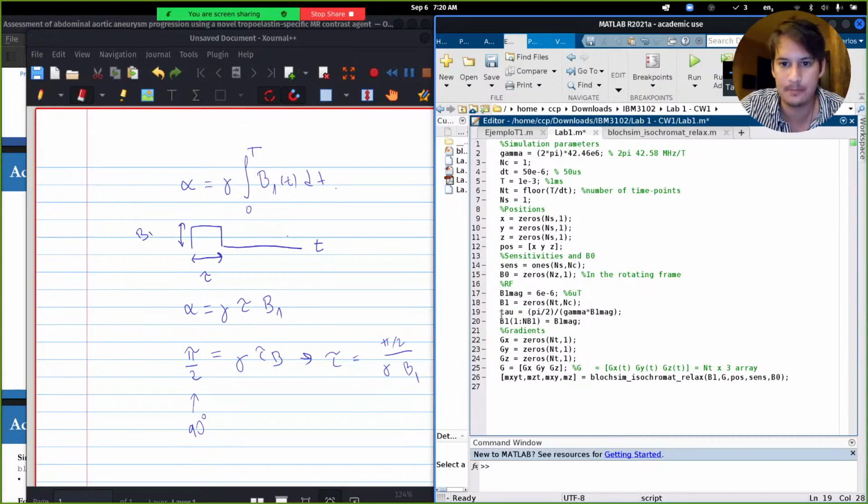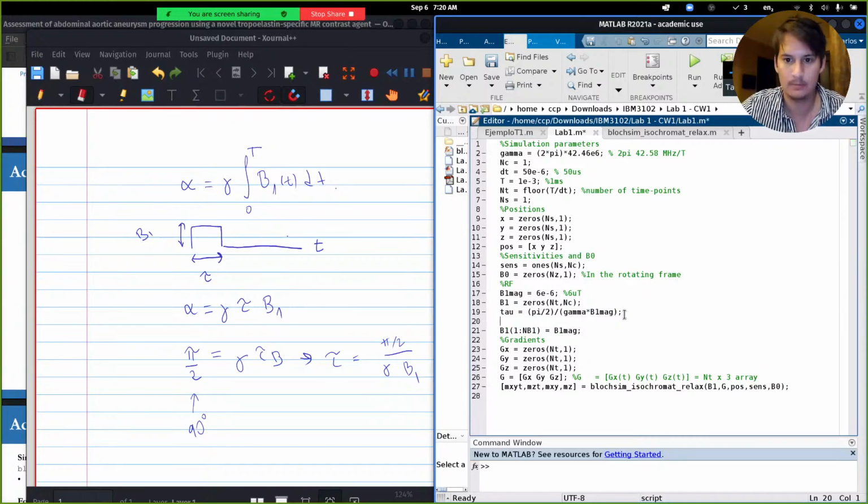Okay, so if we need to apply this for tau, this number of samples would be just the floor of tau divided by dt.